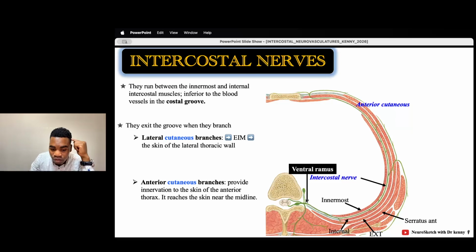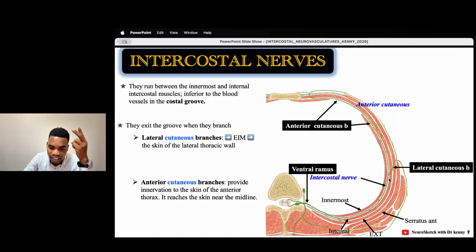Once the intercostal nerve is formed, it pierces this membrane and goes between the innermost intercostal and the internal intercostal. We've already discussed this. As it approaches the lateral surface, it divides into two branches: the lateral branch and the anterior branch.